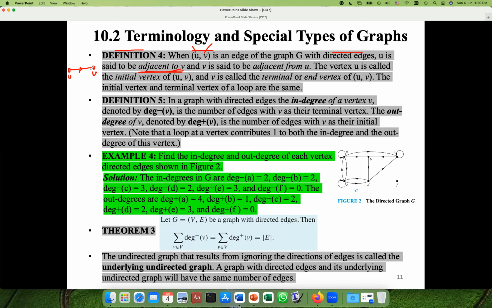V is adjacent from U. You can also call U the initial vertex, and you can call V the terminal vertex or the end vertex, where the edge is ending, where the edge is terminating. These are the different words you will find in the chapter. That's why these are the different definitions first and then the things after.